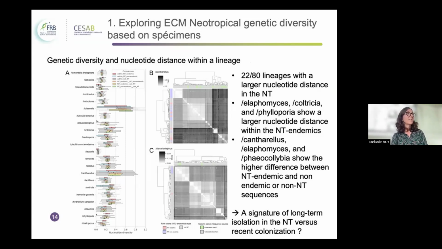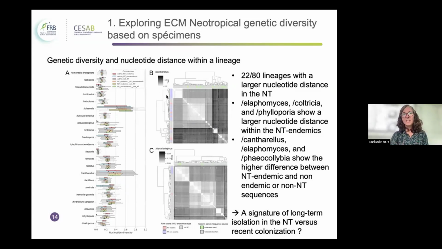For those clades, the endemic representatives in the neotropics had a higher genetic distance than elsewhere. And for Cantharellus, again Elaphomyces and Phaeocollybia, within the neotropics their endemic representatives and the non-endemic ones had major differences. What are the consequences of this?